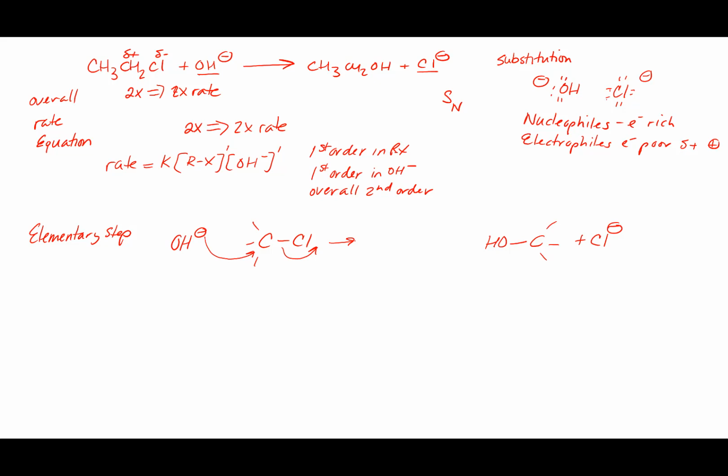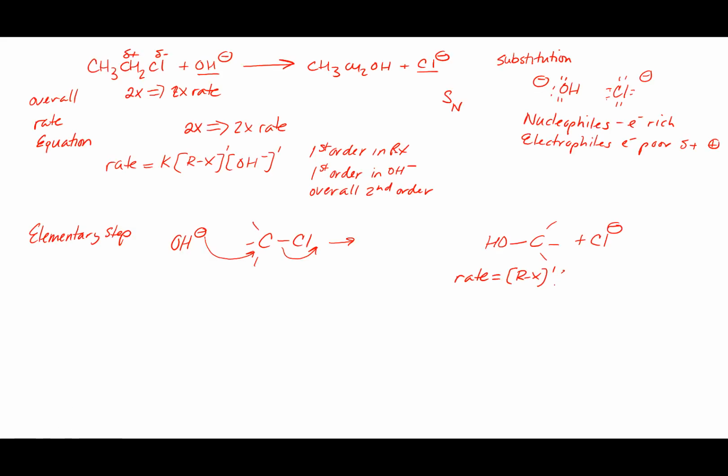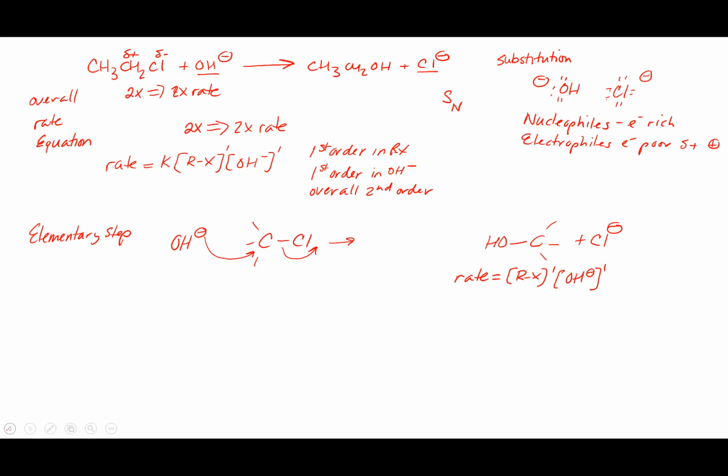So if I wanted to write the rate equation of this elementary step, I could simply say, oh, well, the rate equals the concentration of the alkyl halide, there's one molecule of that, times the concentration of hydroxide, and there's one molecule of that. So only with the elementary steps are you allowed to use stoichiometry. You're not with the overall one.